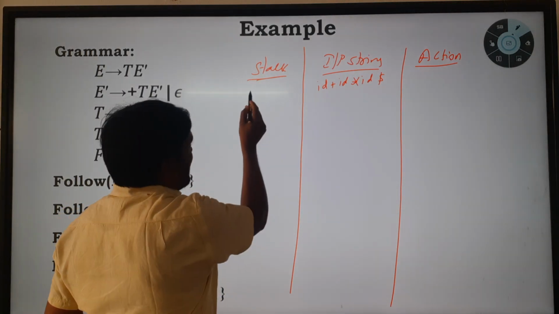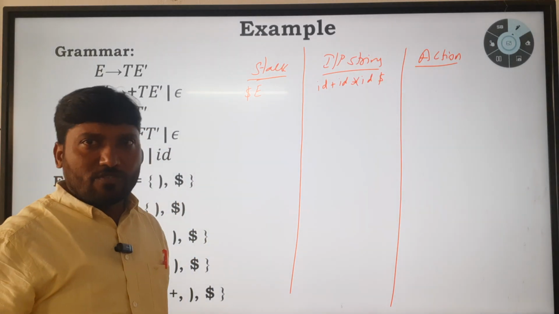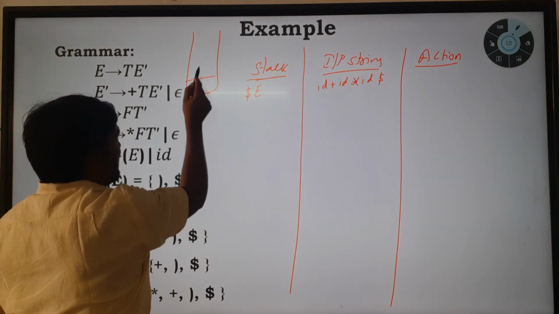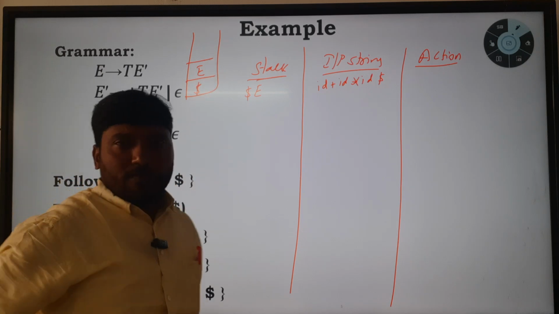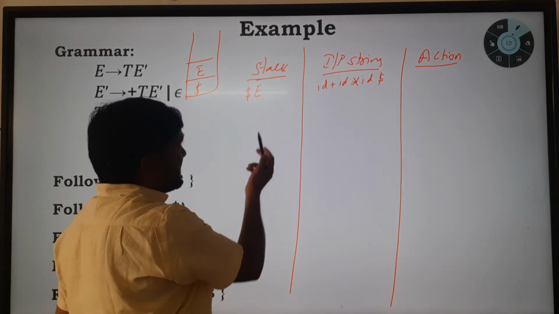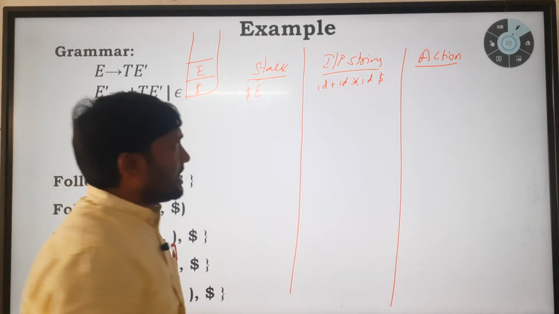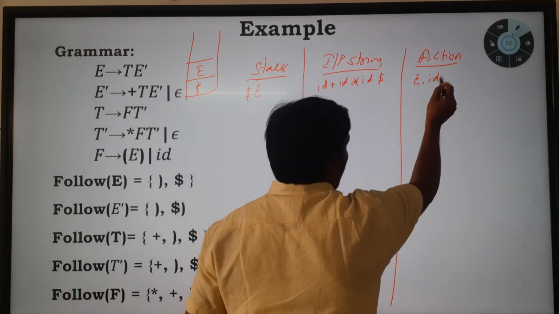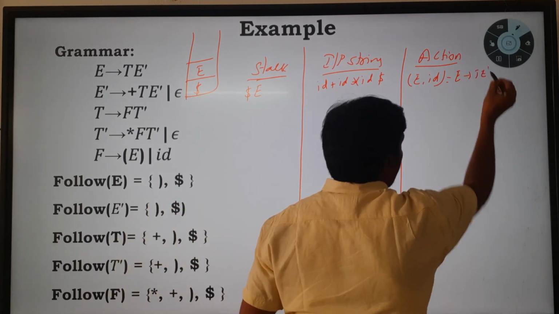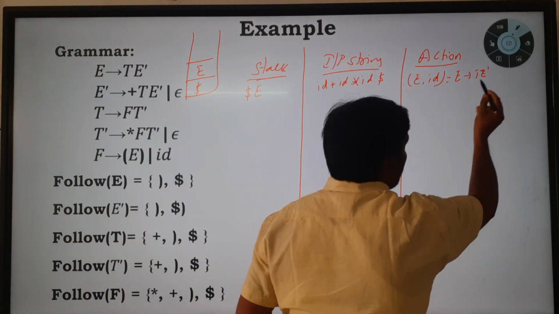Now, in the stack, initially there is a dollar and we take E as the starting symbol. That is how we insert the elements: dollar followed by E. The stack can perform two operations, push and pop. Now for E comma ID, we have to verify the table entry E comma ID. E comma ID gives the production E derives T E dash.